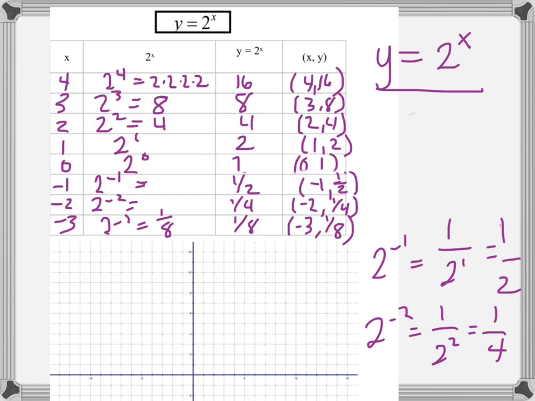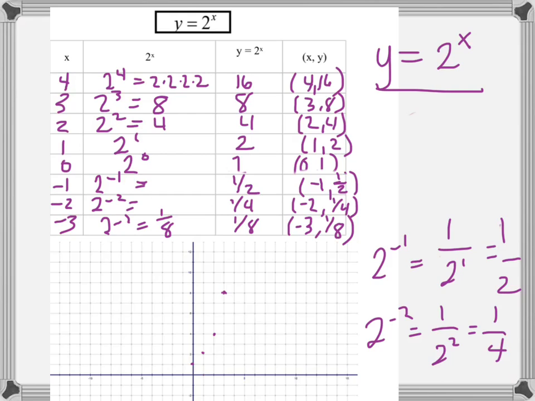Okay, so if we plot these, I'm not going to plot the first point, but the second point I can plot. It's kind of hard to see my lines, but 1, 2, 3, 4, 5, 6, 7, 8 right there, and then 2, 4 would be here, and 1, 2 would be here, and 0, 1, so 0 on the x-axis, 1 on the y-axis.